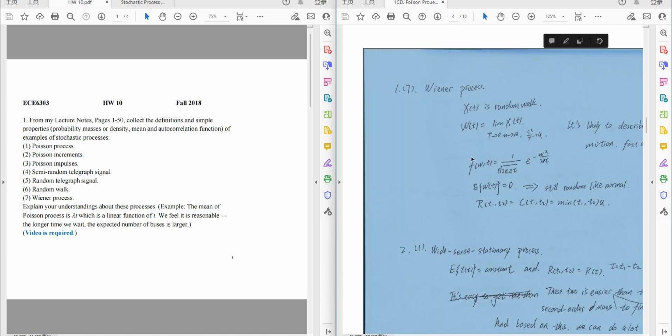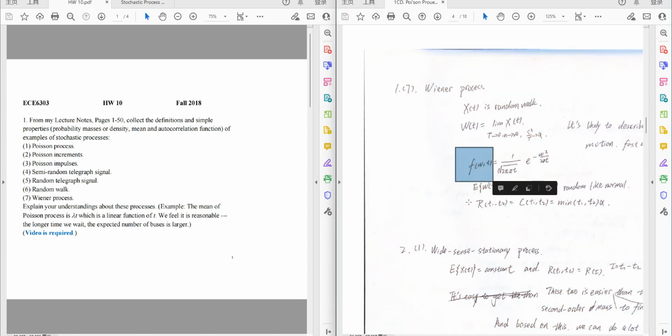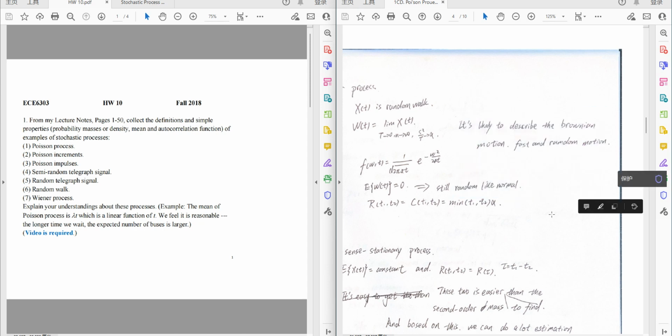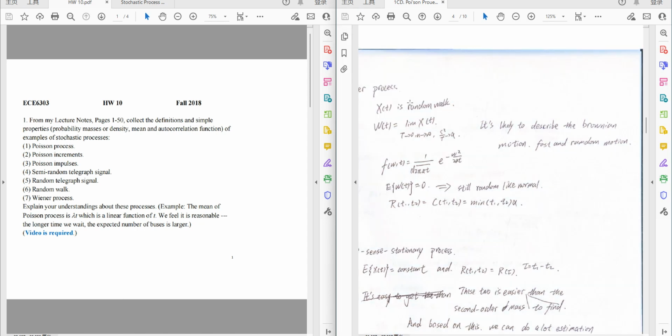So we can get the density function, expectation, and R and C. It is selected to describe Brownian motion, or random motion, just like the normal distribution is the statistic of the large scale of binary distribution. The Wiener process is also the same as the random walk.